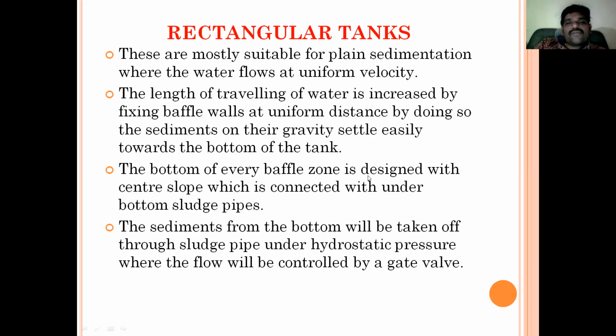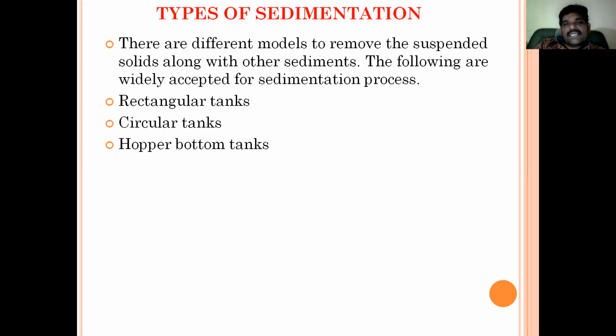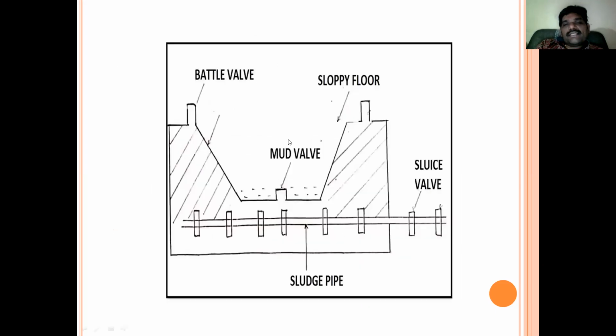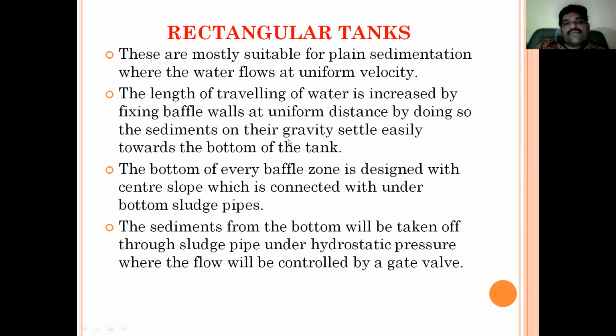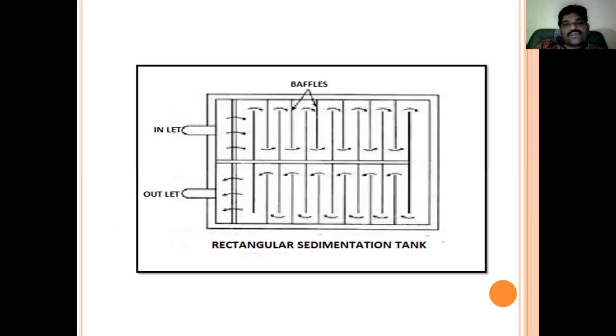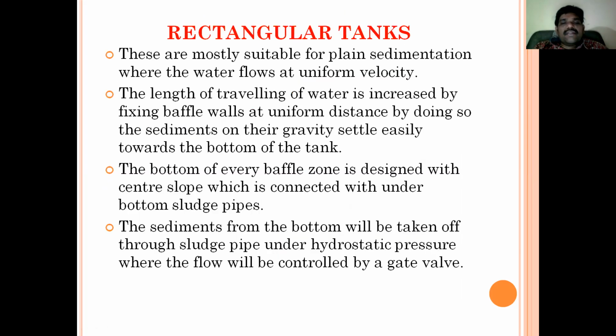At the bottom of every baffle zone, the floor is designed with a center slope, which is connected to the bottom sludge pipes. This is the bottom slope like this, in every baffle zone. The sediment from the bottom will be taken out through the sludge pipe.